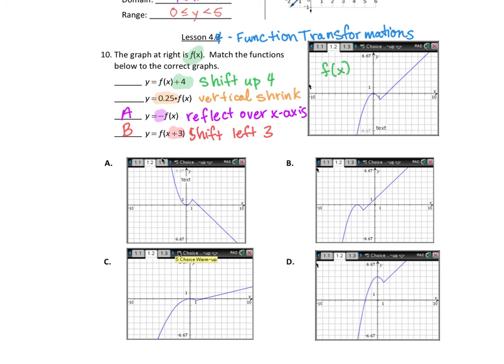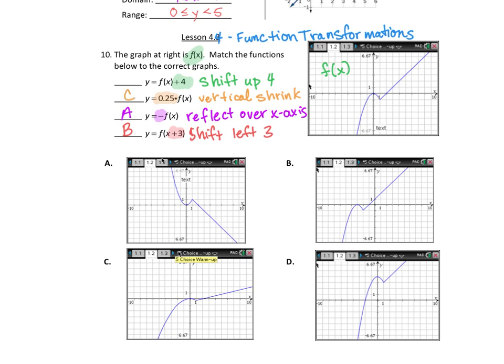Okay. Then for C, remember I talked about that shrink. Do you see this looks squatter and flatter? So it's like it's been smashed down. That's C. So that's that vertical shrink.